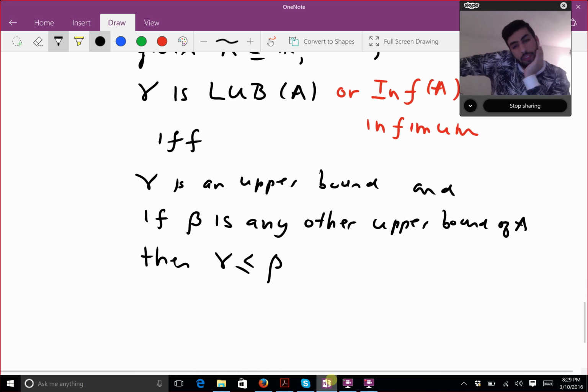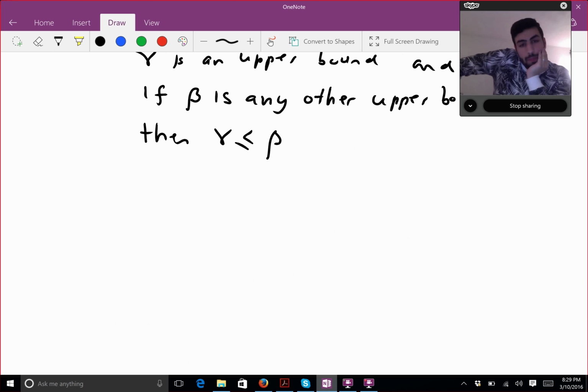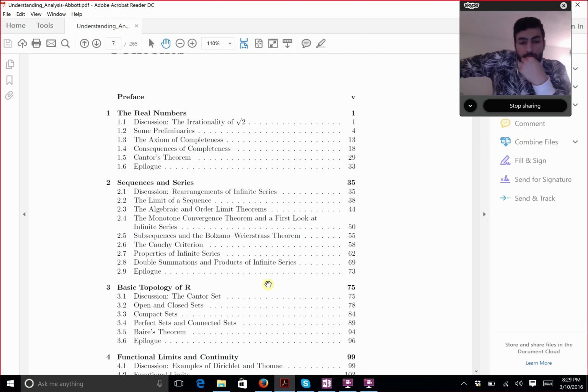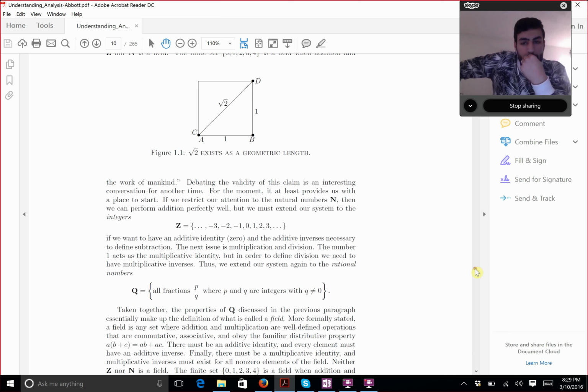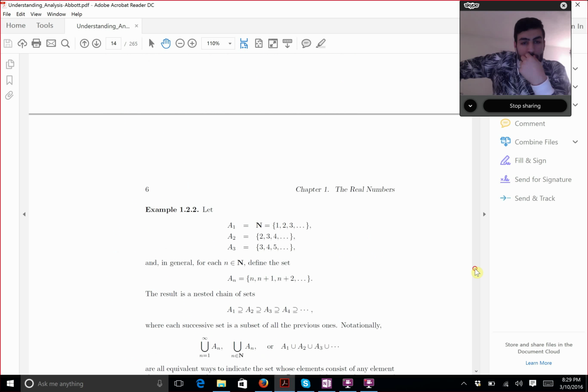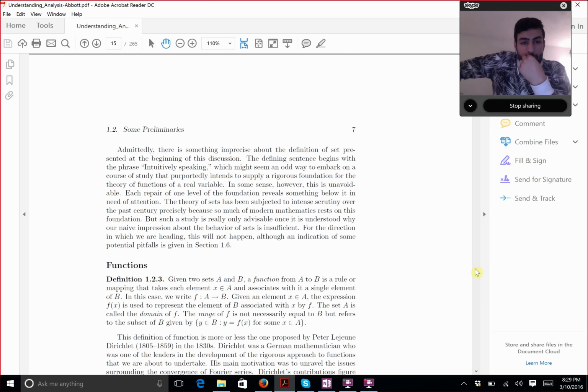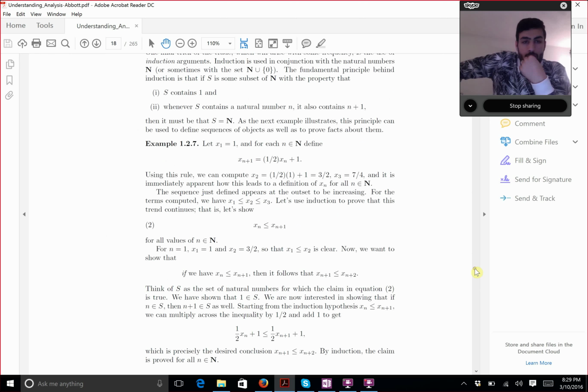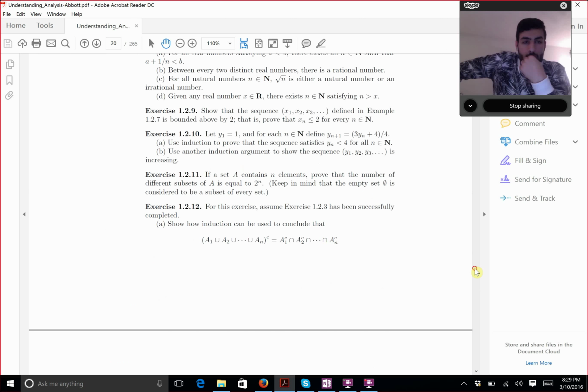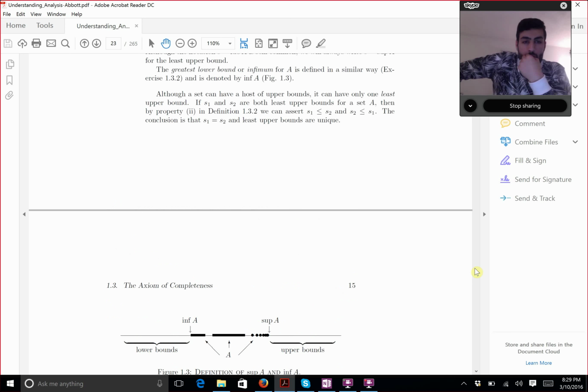Now there is a really important corollary in your book, and I'm going to show you where it is because you want to really understand this well. Here it is.